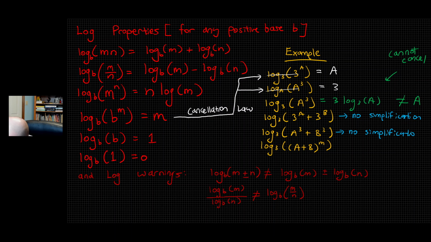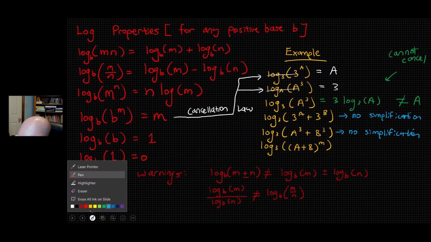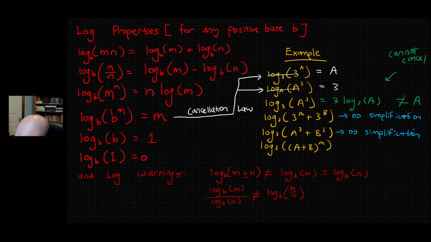But you can simplify the next one. So for the next one, we would use this rule, bring the m down, and we have log base 3 of a plus b. So we have to be able to justify any simplification by using one of the log properties. And it's nice to have all the log properties in front of you when you're doing this, utilizing the fact this is open book.